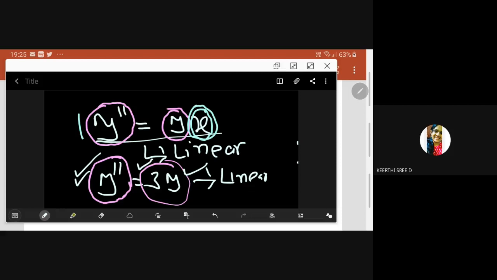On the other hand, the first example is also a linear equation, but it is of variable coefficients, because here the coefficient of y double dash is 1, while the coefficient of the term involving y is x. So it is a variable.